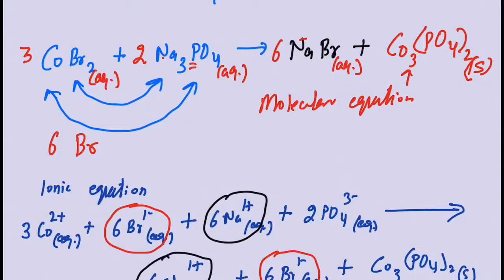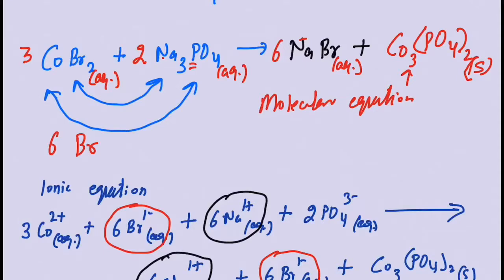So once you do that, you are left behind with 3 Co 2 plus aqueous plus 2 PO4 3 minus aqueous, and they get combined to make Co3(PO4)2 solid.